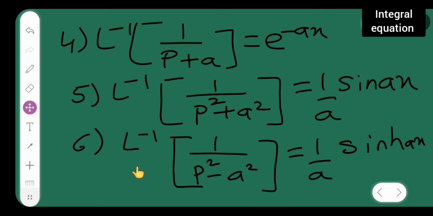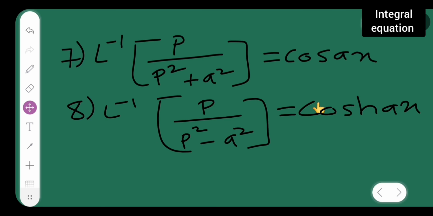And the sixth one is inverse Laplace of 1 upon p square minus a square is equal to 1 upon a sine hyperbolic ax. Next, seventh one, Laplace inverse of p upon p square plus a square is equal to cos of ax. And the eighth is Laplace inverse of p upon p square minus a square is equal to cos hyperbolic, this h, so cos h ax.